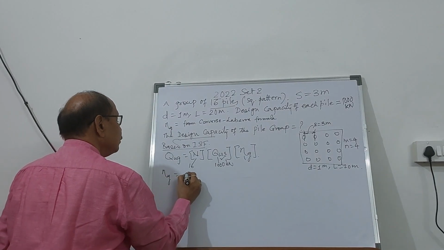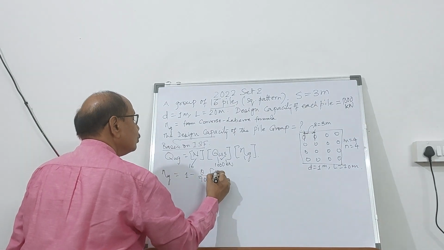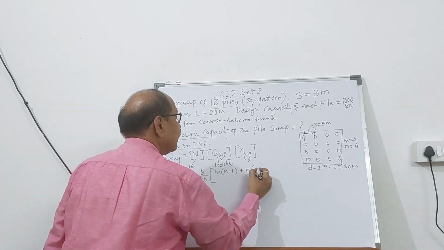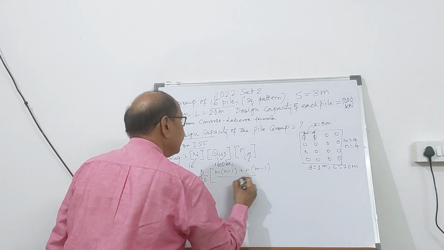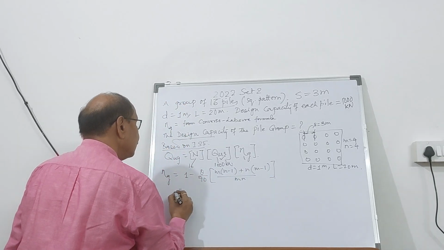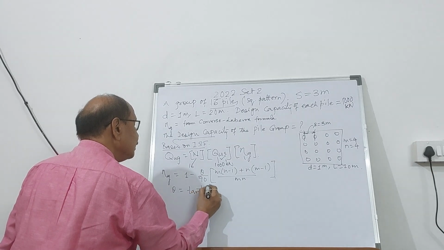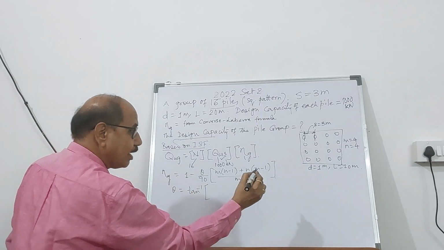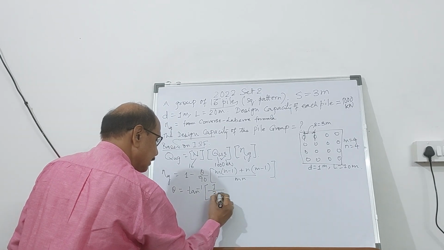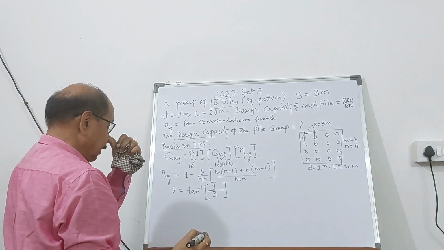So eta G equal to 1 minus theta by 90 into m into n minus 1 plus n into m minus 1 divided by m into n. Therefore, theta is going to be tan inverse d, diameter, which is 1, divided by center to center spacing, s equal to 3 meter.